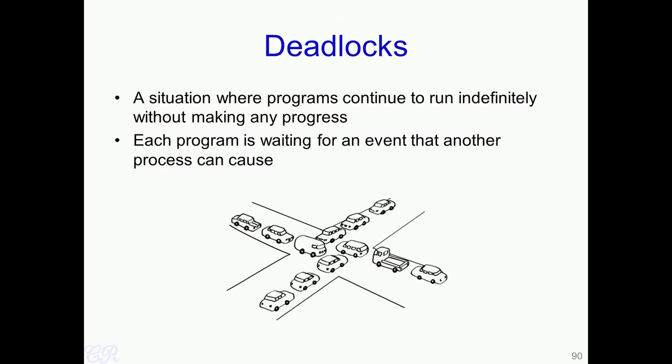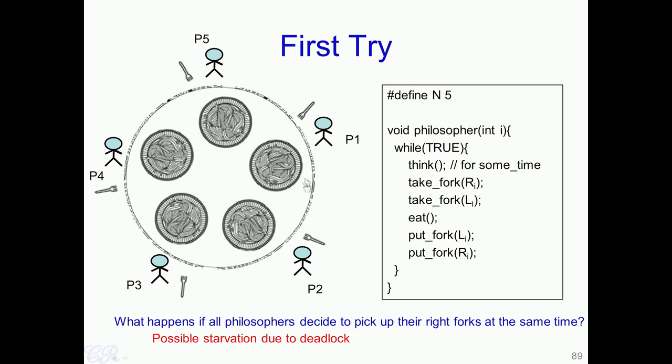So, you see in this case, each of the philosophers is waiting for a particular event, that is putting down the fork, which another philosopher should do. So, there is a circular wait that is present, and this leads to a deadlock, thereby starvation.